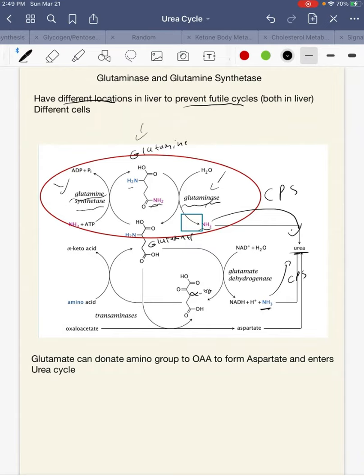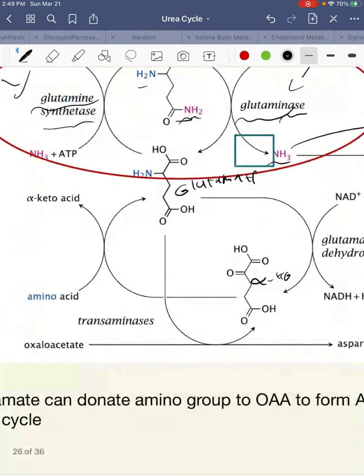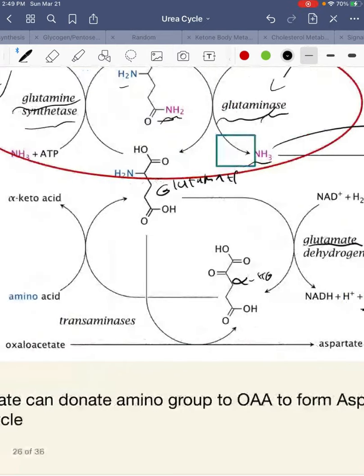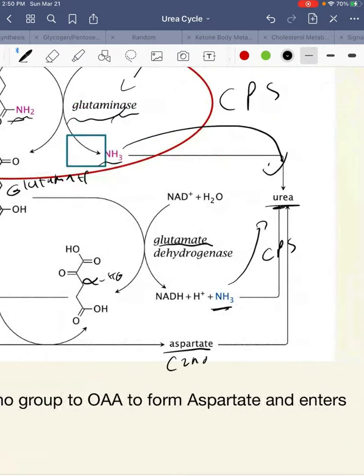Okay, let's talk about the other reactions. So glutamate can be converted to alpha ketoglutarate. We can also run glutamate to alpha ketoglutarate, instead of using glutamate dehydrogenase, using a transaminase. And in that process, our alpha keto acid is oxaloacetate, which is converted to aspartate. Remember, aspartate gives the second urea nitrogen, the second ammonia, second nitrogen group.